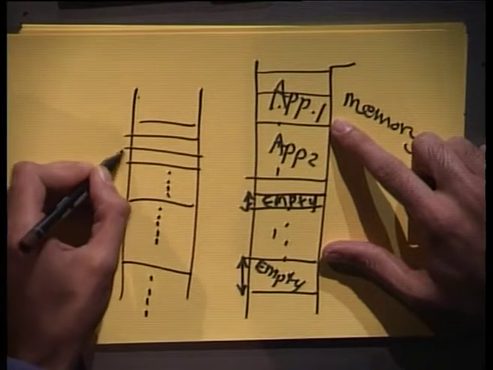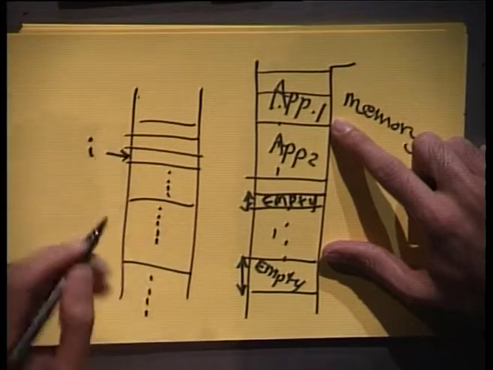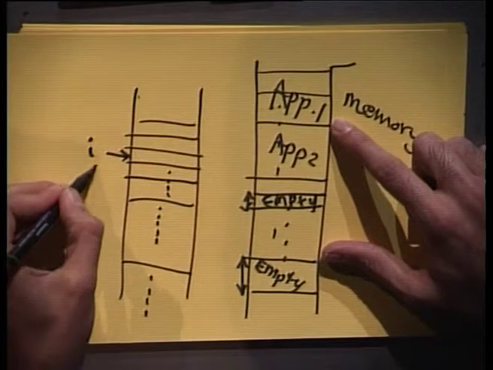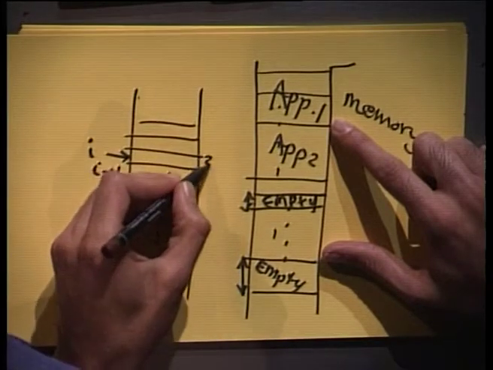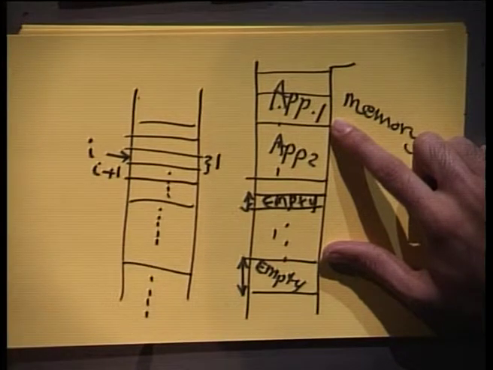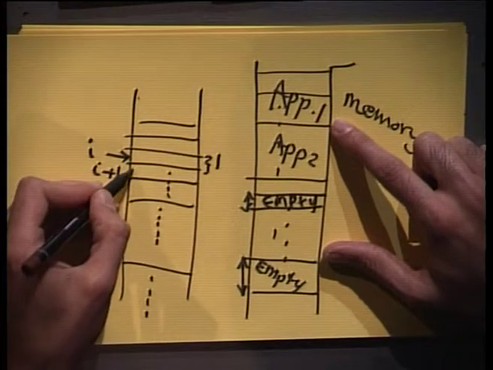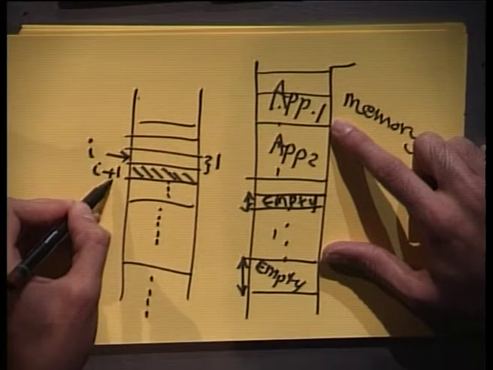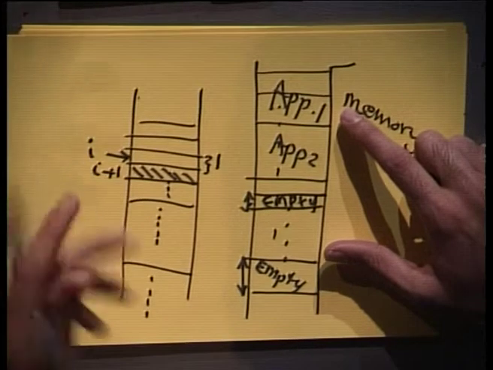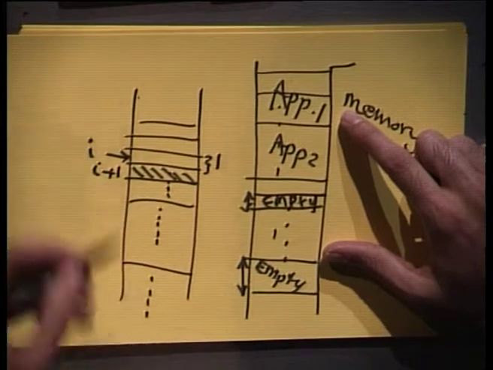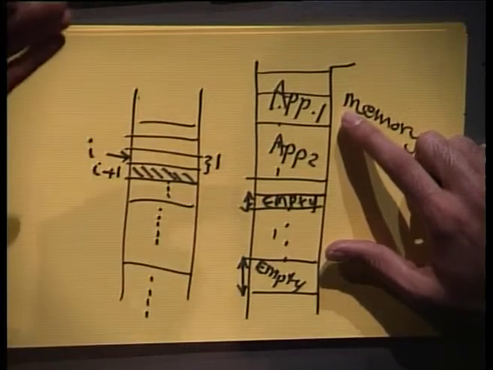So if this is element number I, let's say, I know for sure where is the position of the next entry. It's simply at I plus 1, and if the size of this was 1 byte, assuming we're talking about a character array, then the location of the next entry is located at whatever I plus 1. If I'm talking about integers where I have one location containing, let's say, 4 bytes, then the next entry is going to be located at whatever position I have in here plus 4, and so forth.